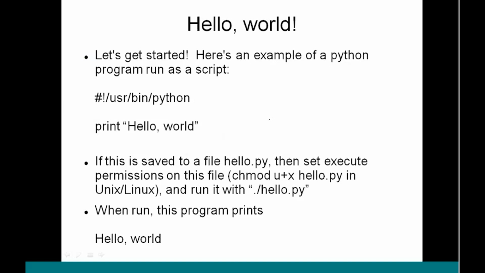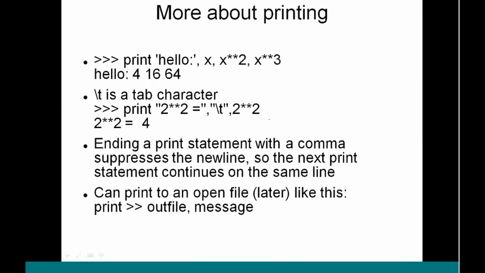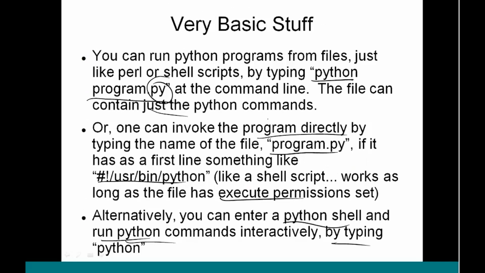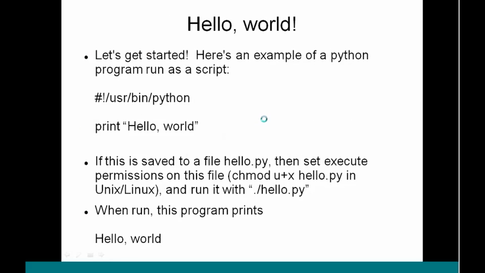So now let's see how to do a hello world program. As with every programming language, we have this hello world script. The example is shown here. We use /usr/bin/python and then simply say print, in quotes, hello world.